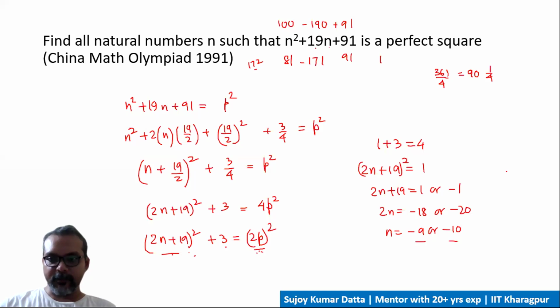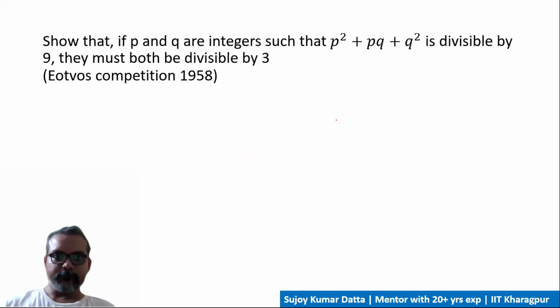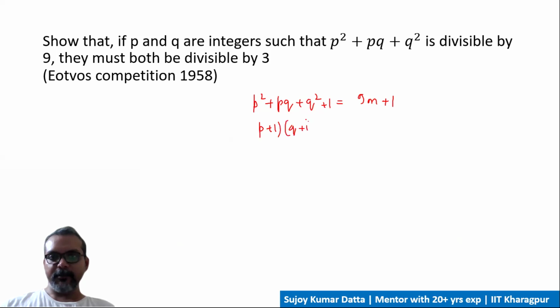Okay, moving on to the next question. Here it says that p and q are integers such that if this is divisible by 9, they must both be divisible by 3. So we have p squared plus pq plus q squared equal to a multiple of 9. Now, they're all integers. In order to factorize, we add 1 on both sides... No, sorry, that's p squared and q squared.